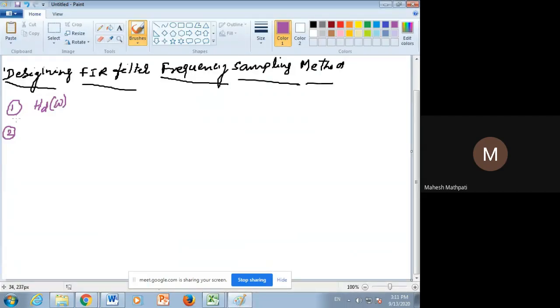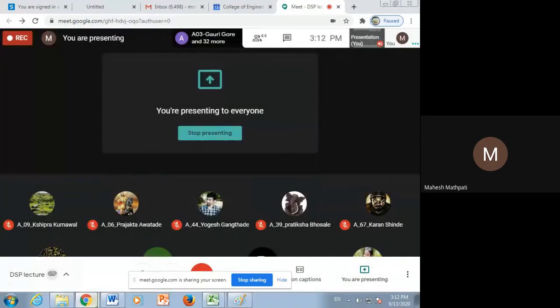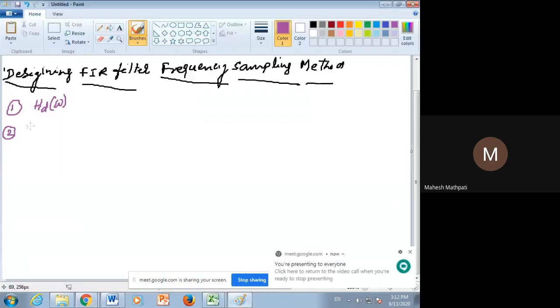The second point, you write: this frequency response is sampled uniformly at N points, that is, N is capital here.